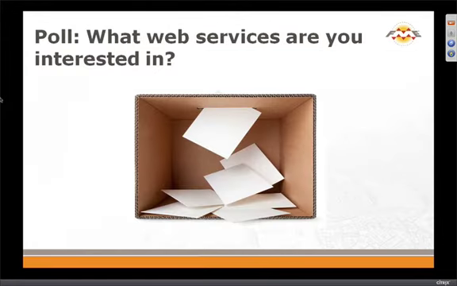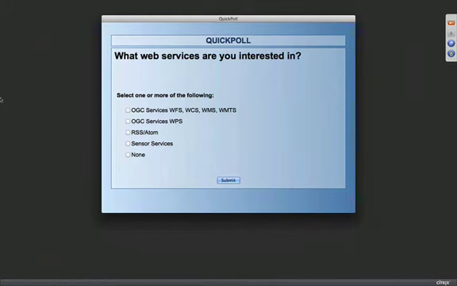Okay, so first a question: what web services are folks interested in? So Laura's going to launch a poll. The answers are OGC services, so WFS, WCS, WMS, WMTS, WPS, RSS, Atom, sensor services, none.